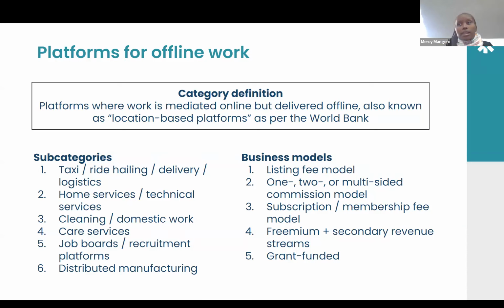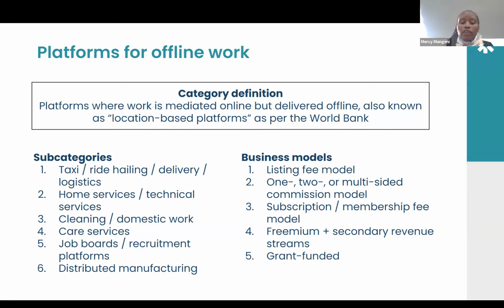Typically, what we see with these platforms is that they're generally asset light. So take, for instance, the case of Uber, where generally the driver comes with their car or with their asset. The platform really is utilized to mediate work, where the driver can get opportunity to work.